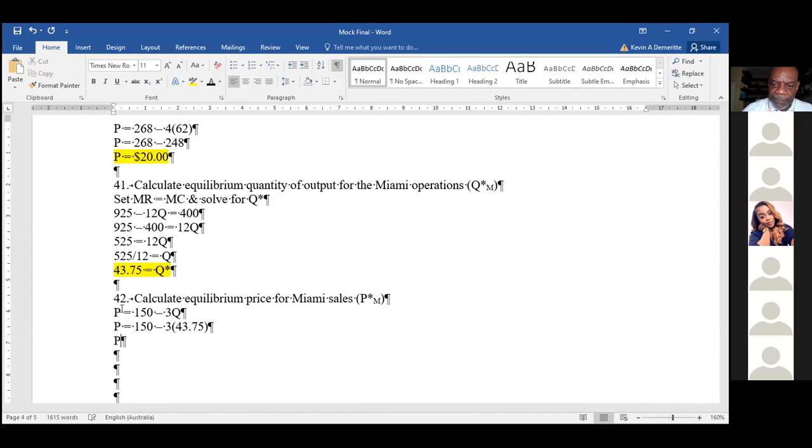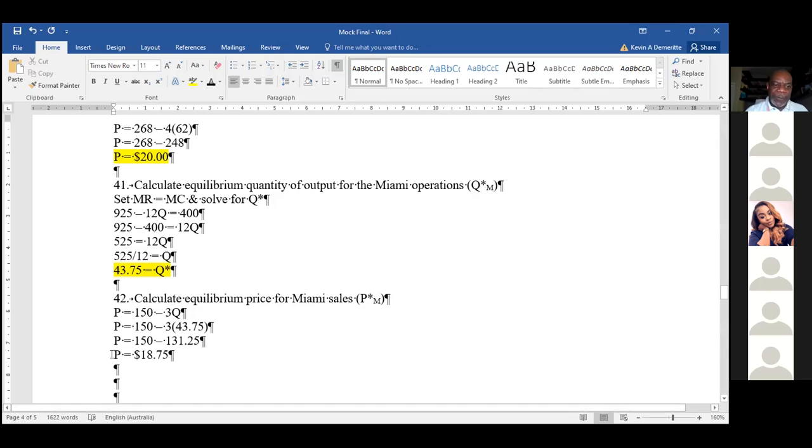So P is equal to 150 minus, what's 3 times 43.75? 131.25. So therefore P is equal to $18.75.